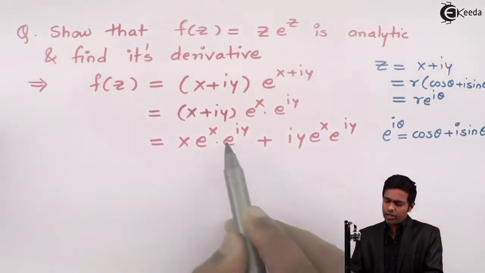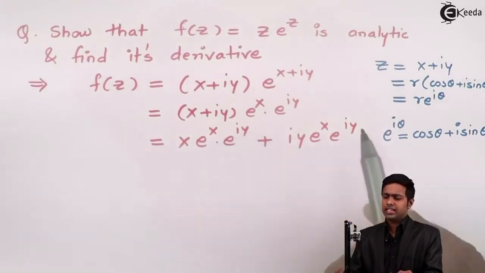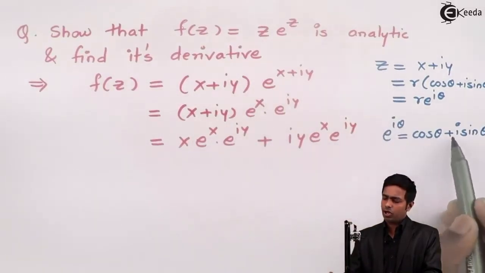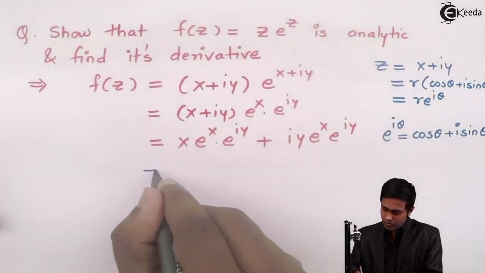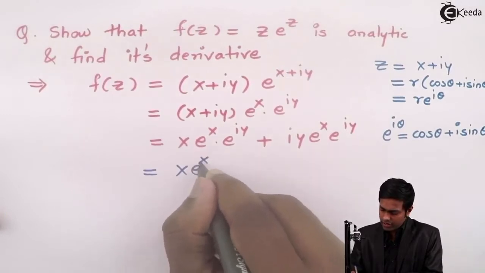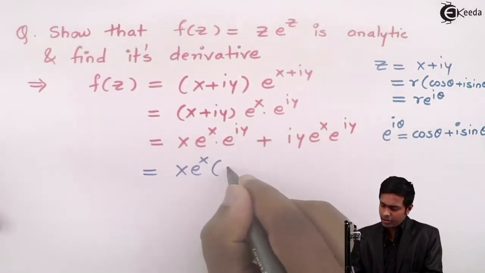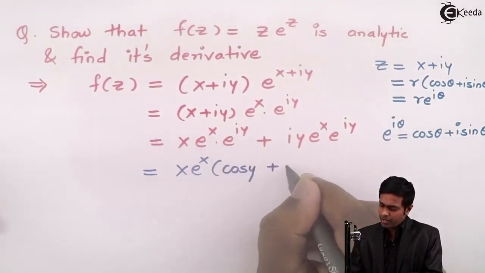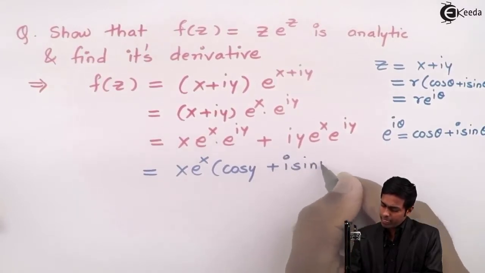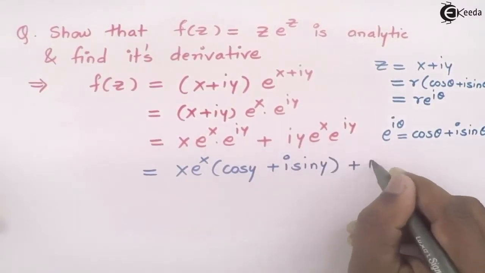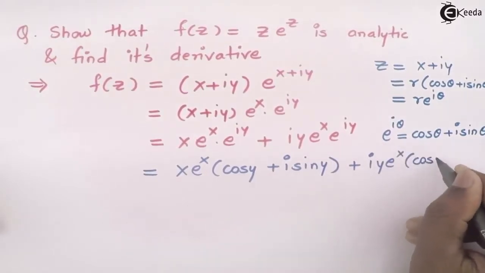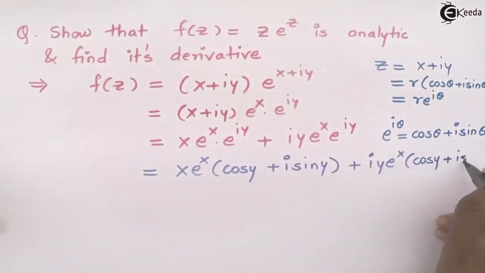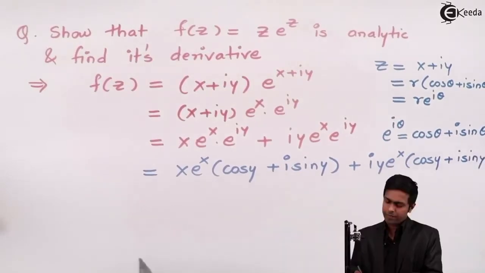Now here I got the e raised to iy term, so I can say that theta is y. So I will get cos y plus i sin y. So it is equal to x e raised to x in bracket cos of y plus i sin y, plus i y e raised to x in bracket cos of y plus i sin of y.